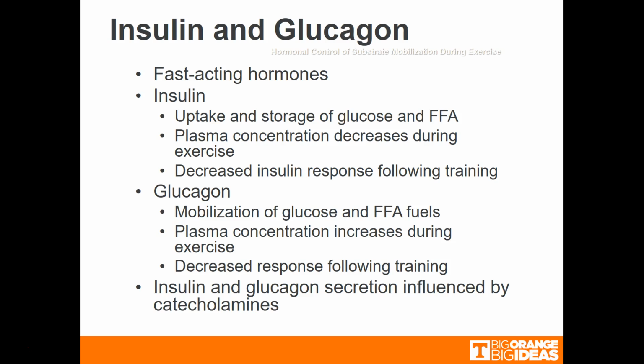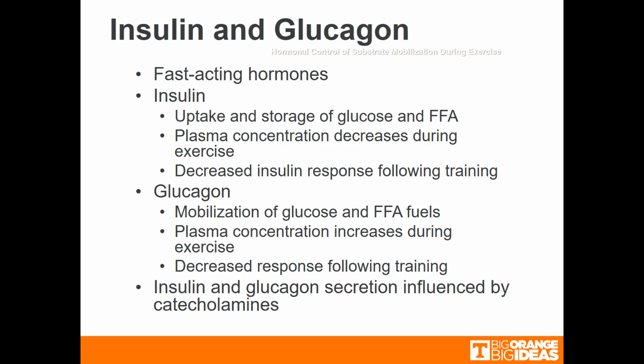During exercise, we see a decrease in insulin response, which seems kind of counterintuitive if we want to get some of this blood glucose into the muscle. You do see higher insulin production or release after a meal. During exercise, we actually can increase blood glucose uptake by the muscle without the use of insulin.